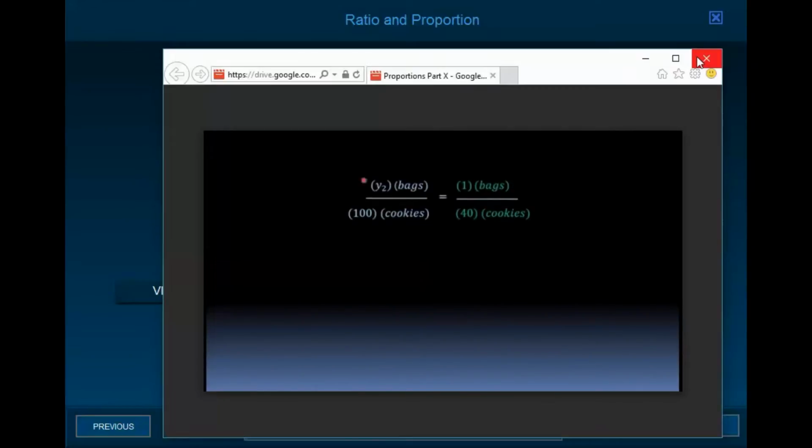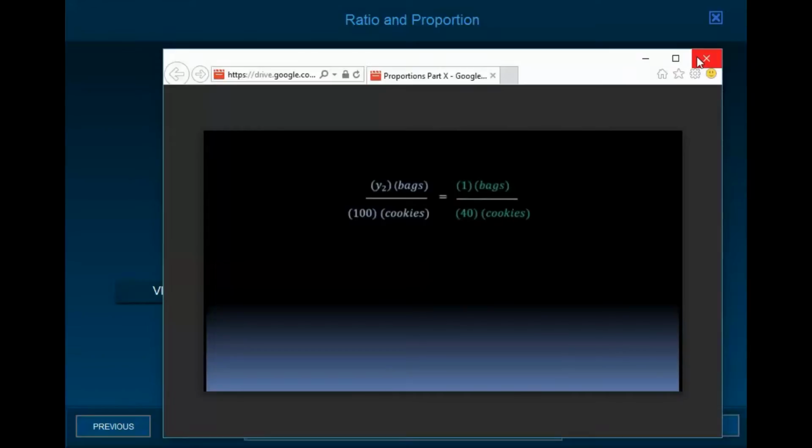Looking at our proportion, we see that we have y sub 2 bags over 100 cookies. We know that we need to multiply this fraction expression by the denominator of the fraction, in order to make it talk about the top all alone.